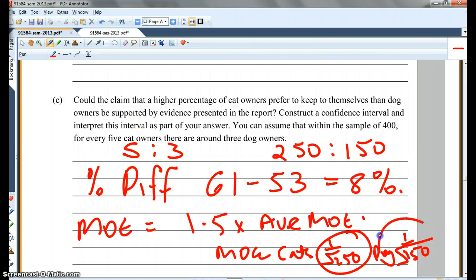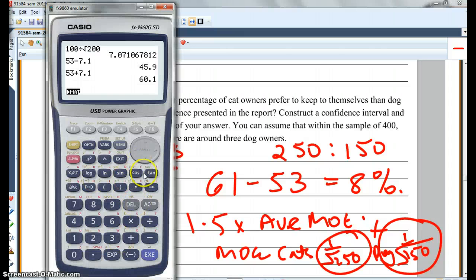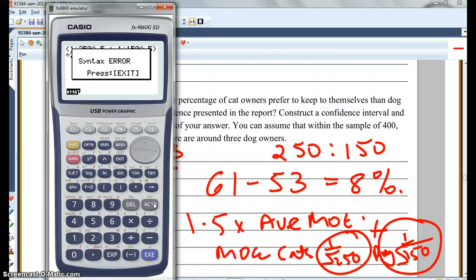So we need to add these two together and divide by 2. So I'm just going to do that in my calculator. So I'm going to do a bracket, 1 divided by 250 to the power of 0.5 plus 1 divided by 150 to the power of 0.5, divide by 2.